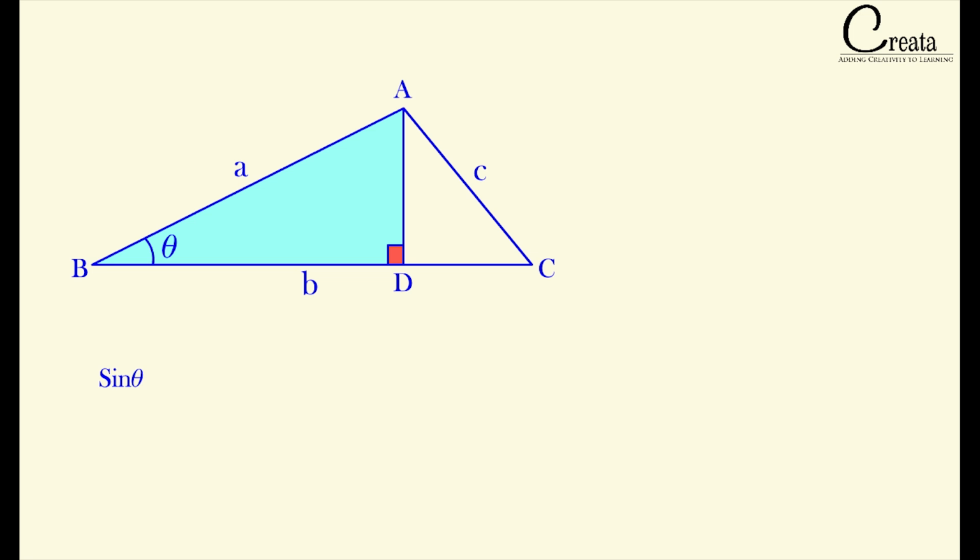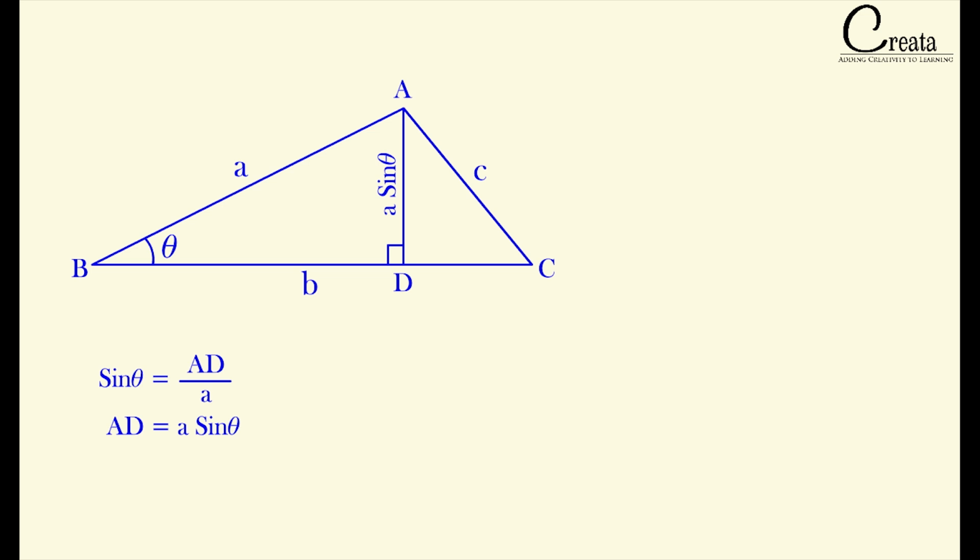We know sine theta is equal to perpendicular over hypotenuse. Here AD is the perpendicular and AB is the hypotenuse. Okay. So we got sine theta is equal to AD upon A. Let's find the value of AD. AD will be equal to A sine theta. Here AD, that is height of this triangle, we got as A sine theta.